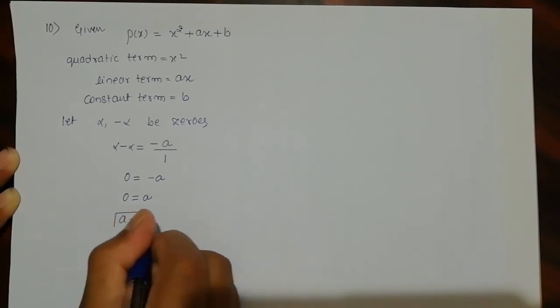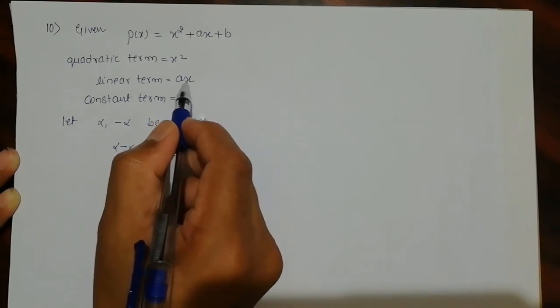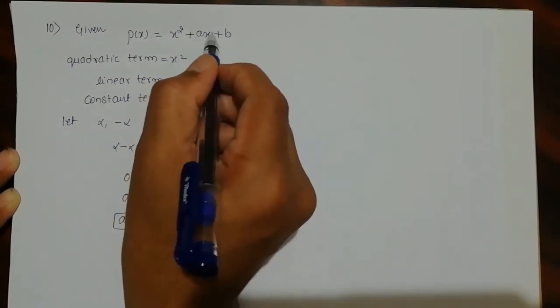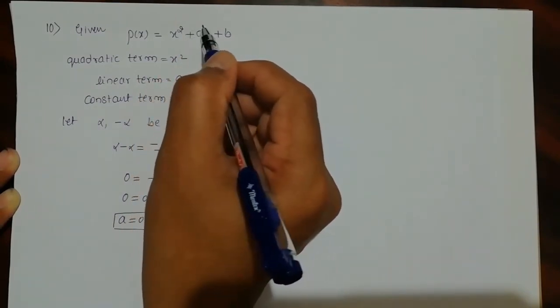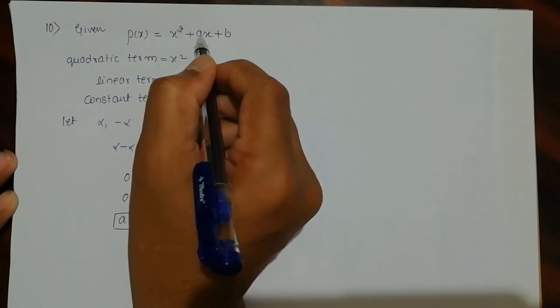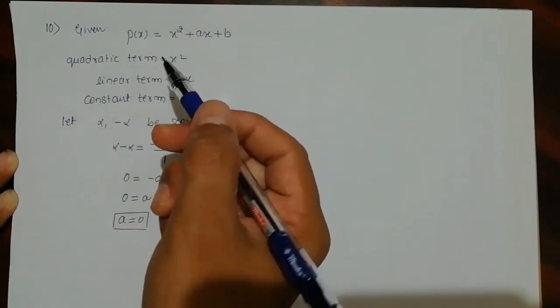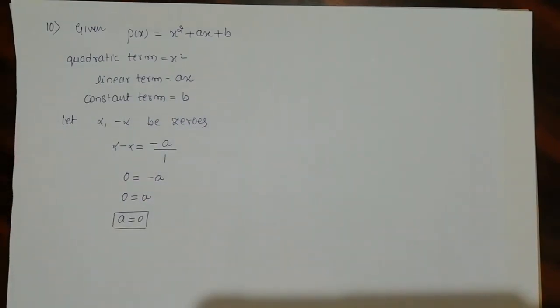If a becomes 0, then a into x will always be 0, so this term will disappear. So we can say that the linear term will disappear, or there will be no linear term. Both are the same.